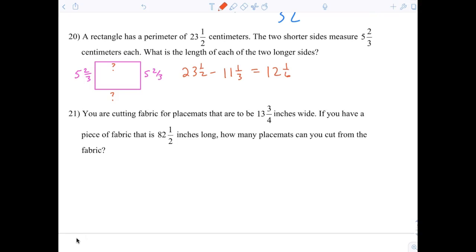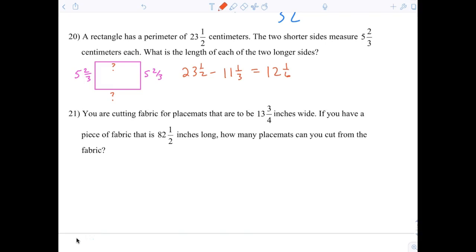I asked you to do 23 1/2 minus 11 1/3. All right, Carter, I know what you're doing, buddy. Don't worry about it. I'm trying to get you guys this year to stay with me. Think with me. Some of you guys are on your own. I don't like that. You need to learn to concentrate on what I'm saying so I can show you.